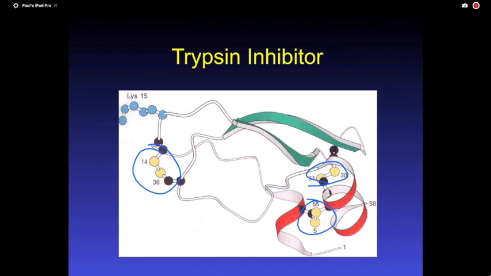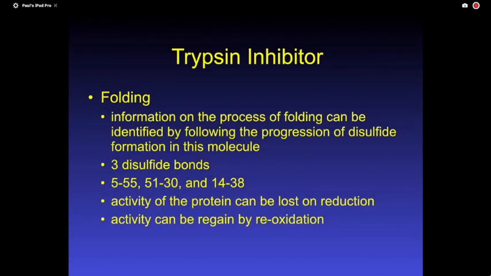And they're not going to do it with one analysis. They're going to do it with many analyses over time. All right. 3 disulfides. Okay, when we reduce it or when we unfold it, it will lose its activity. Only when you have all 3 bound correctly will it be folded and functional.